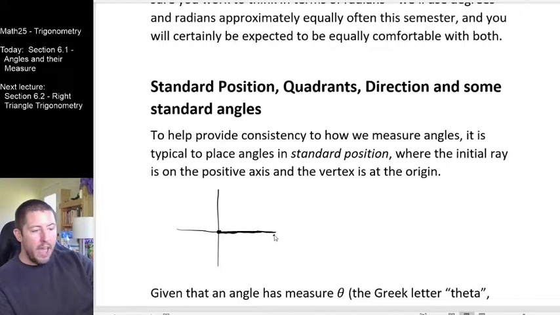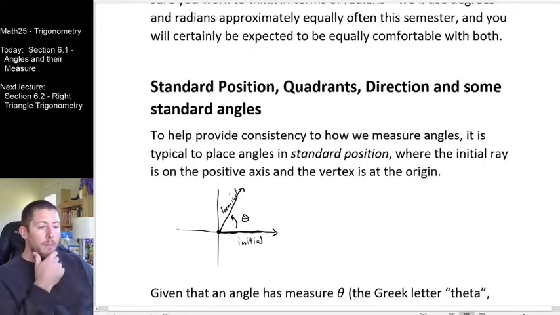That is a ray, a line that extends forever in one direction on the x-axis. This is our initial side. And we place the terminal side of the angle elsewhere. This is our terminal side, terminal meaning ending side. So in this case, here is our positive angle, theta.